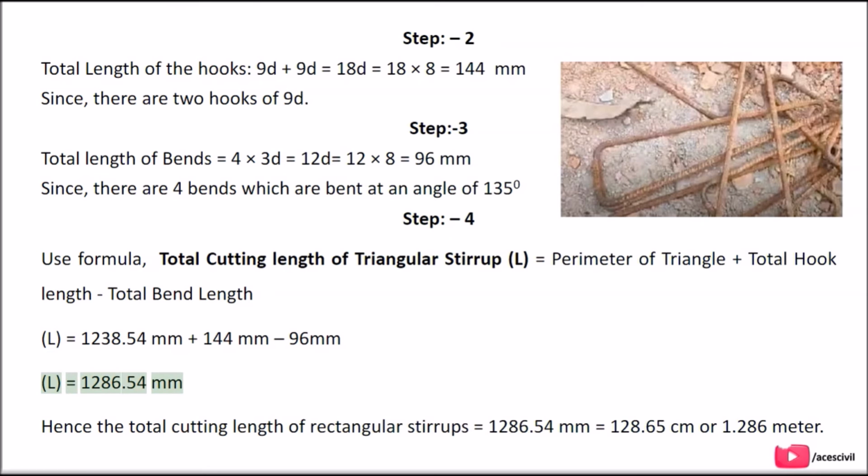L equals 1478.54 mm. Hence the total cutting length of triangular stirrups equals 1478.54 mm equals 147.85 cm or 1.478 meter.